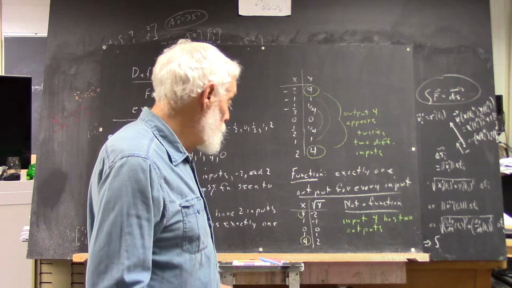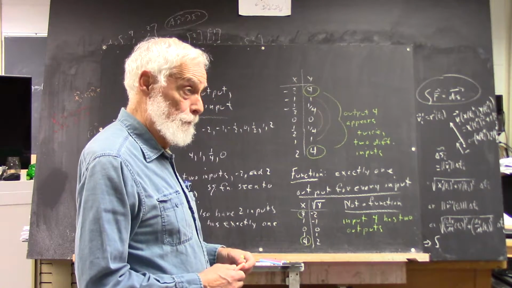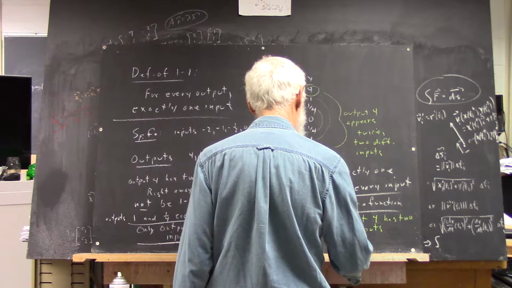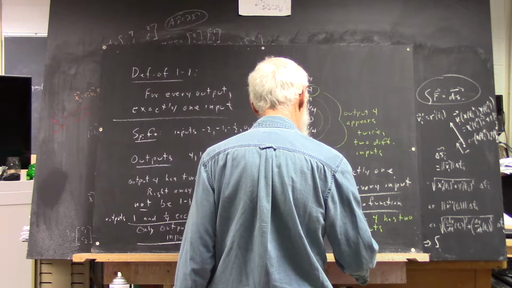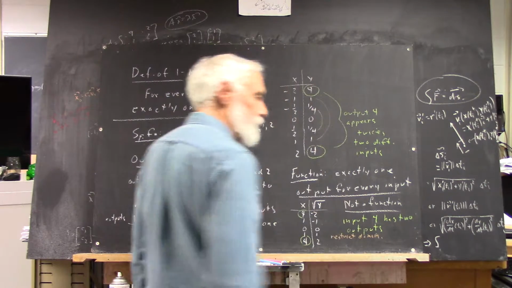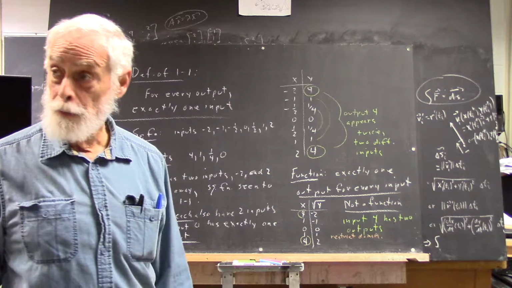So what do we have to do? We restrict the domain, as I've seen many of you do in your homework correctly, okay? So you know about restricting the domain.